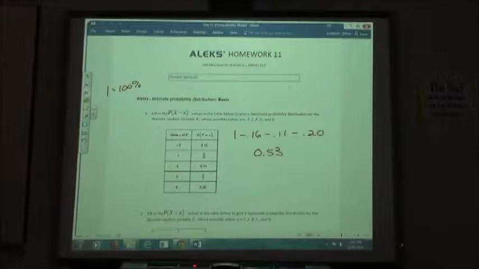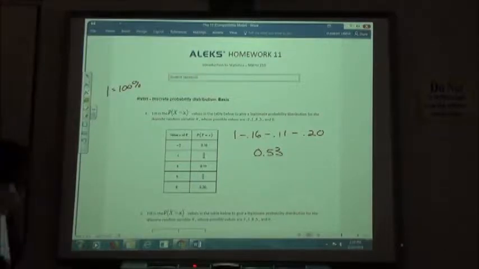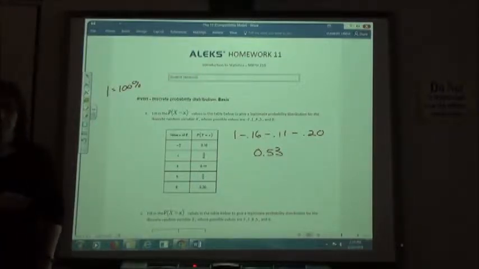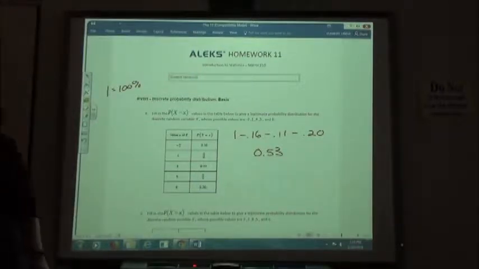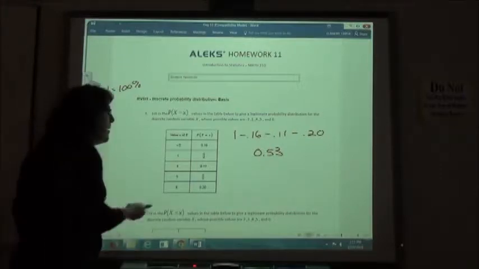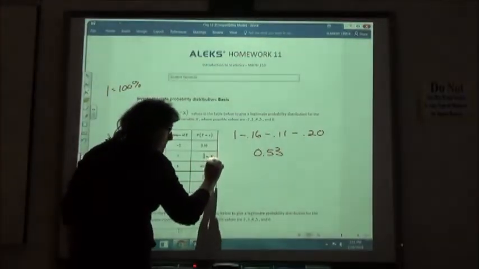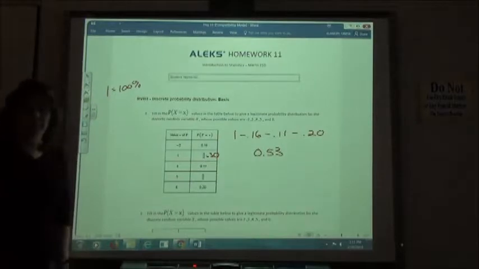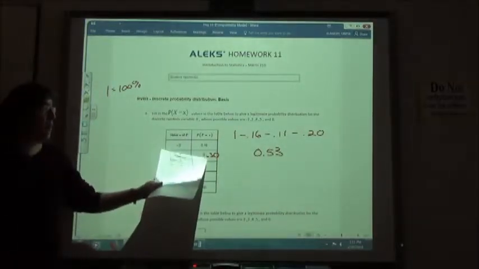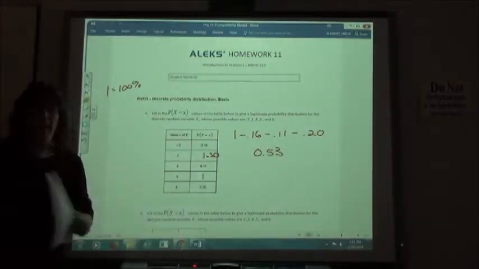So just give me a number to put in there for the first one. Maybe we want it to be 0.3. If this one is 0.3, what would this one have to be?